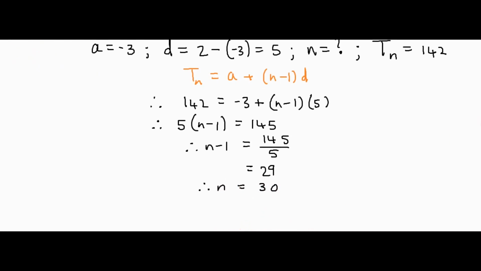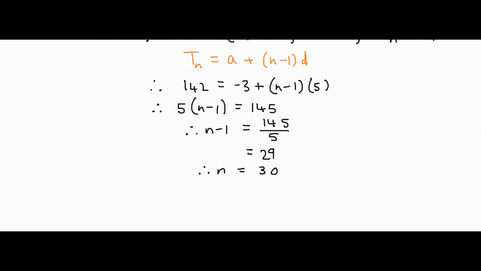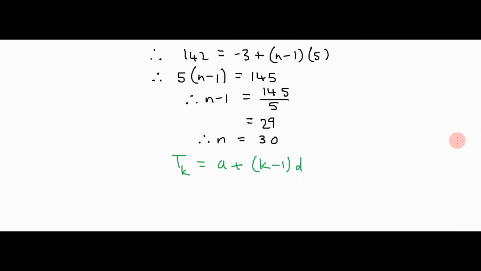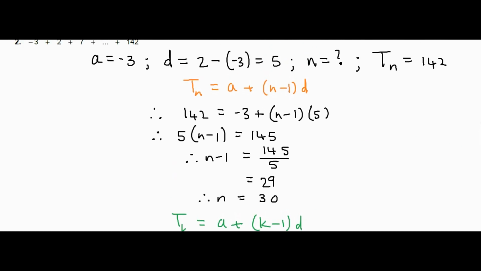We still have to set up the sigma notation, so we need the general term T sub k equals A plus k minus 1 times D, and we can substitute in the values of A and D. We saw that A was equal to -3 and D was 5.